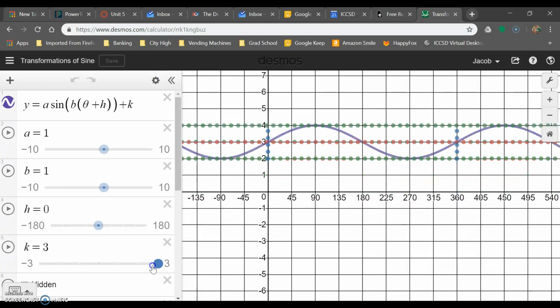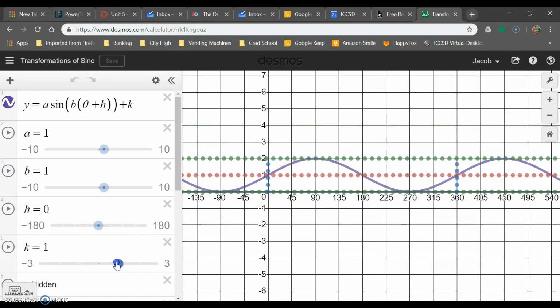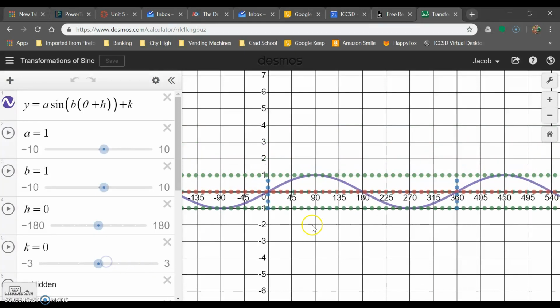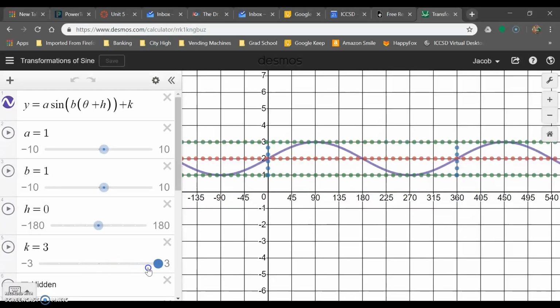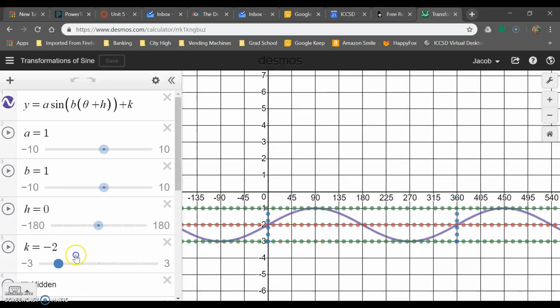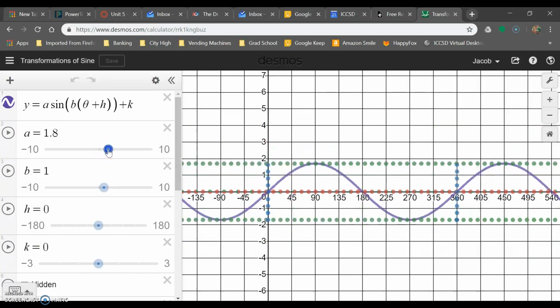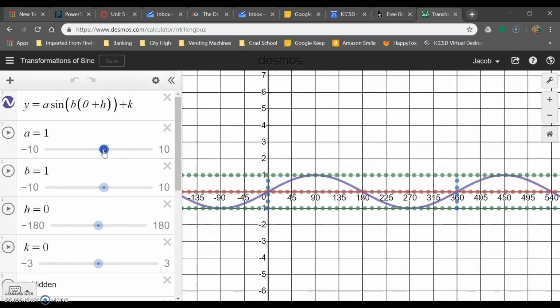So this is pretty much the exact same thing that it's been doing forever. These lines on the screen, of course, match up with the lines that I've been drawing on the graphs the whole time. So your midline of your graph is where this whole thing is centered around. As you move up or down, you can see that the graph stays centered at those points. The green lines represent the range of the function, and so as I change the amplitude, the range changes as well.